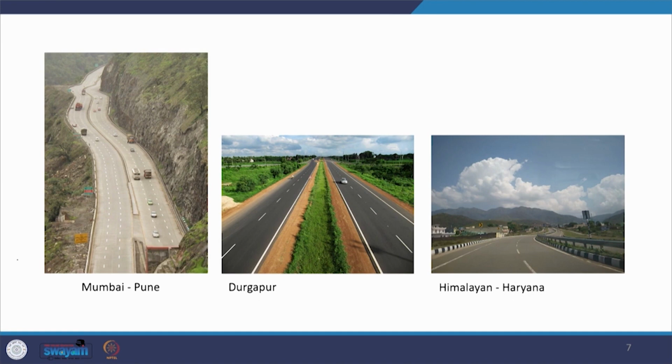In the first photograph, which is Mumbai Pune Expressway, what you can see is it is a restricted condition. The terrain is very rugged. It is a mountainous terrain where a steep condition may arise at any of the locations, and that is where, though the lanes have been provided, you can see this is a 6 lane divided system. So, 3 lanes on either side of the median are there.